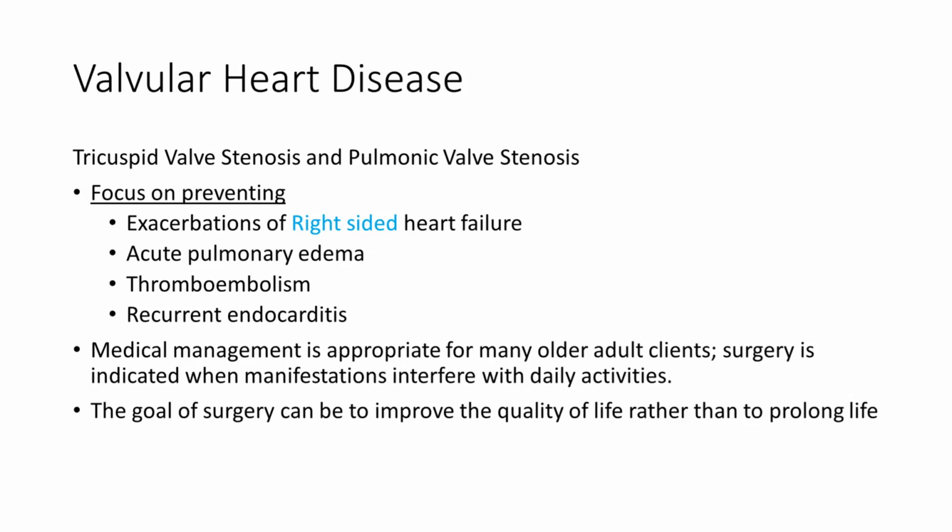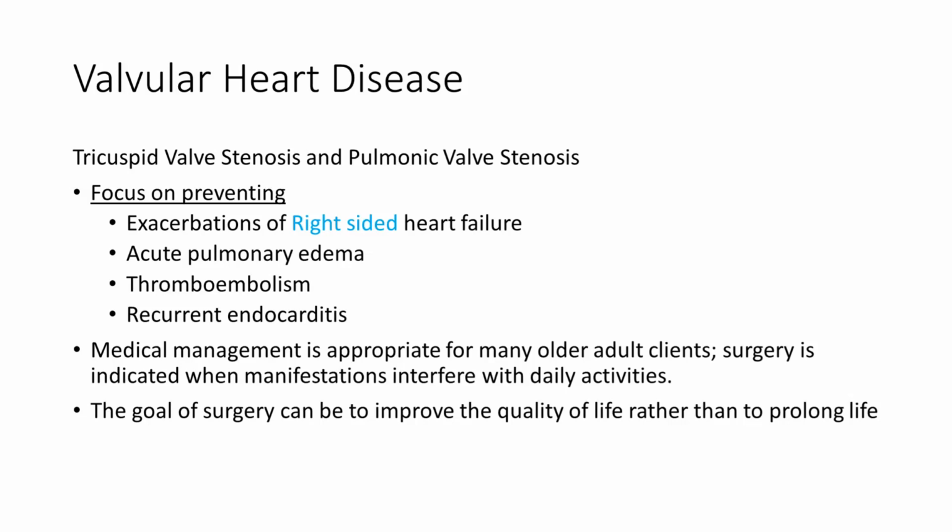So because I have a pulmonic stricture or a tricuspid valve stenosis, I don't have enough cardiac output on the right side of my heart going to my lungs, so it's going to try to beat harder to compensate for that. You want to monitor for acute pulmonary embolism. After all, if blood is sitting there, if it's not pumping correctly, it can pool and cause clots.